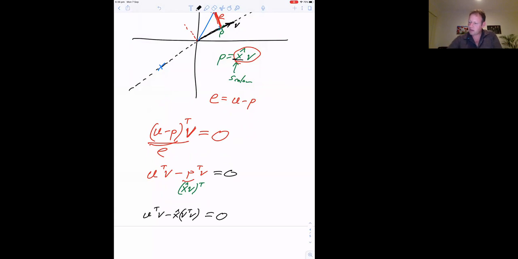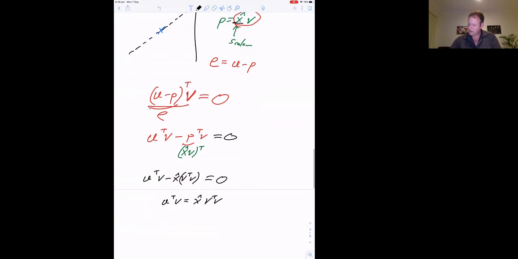So now let's solve for X hat. We can say that U transpose V equals X hat times V transpose V. This is a scalar, and this is also a scalar in this case.